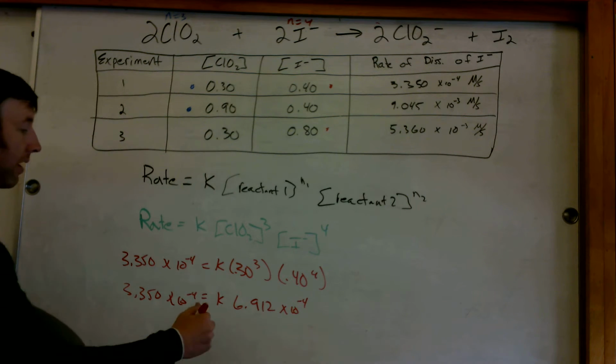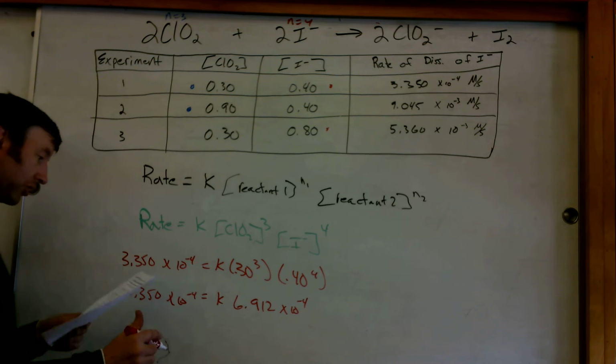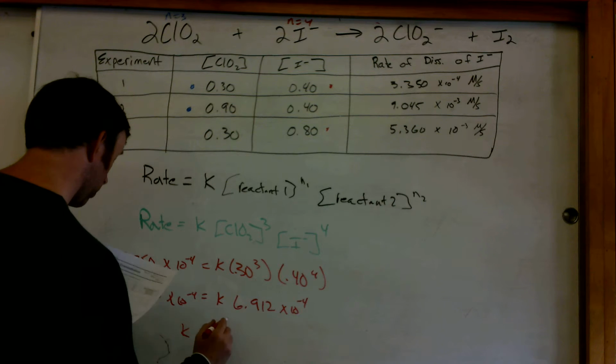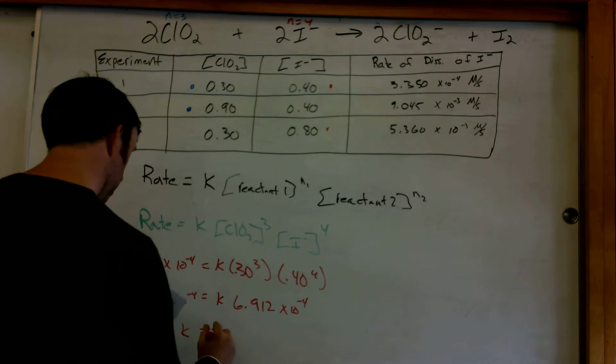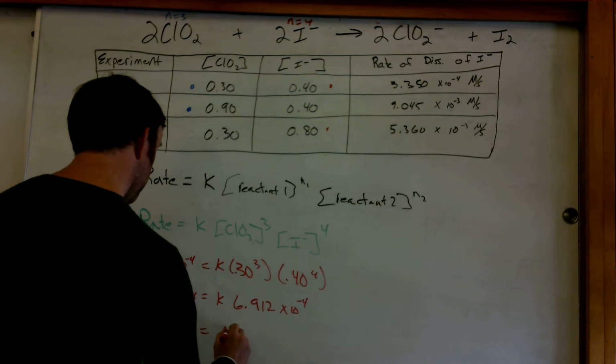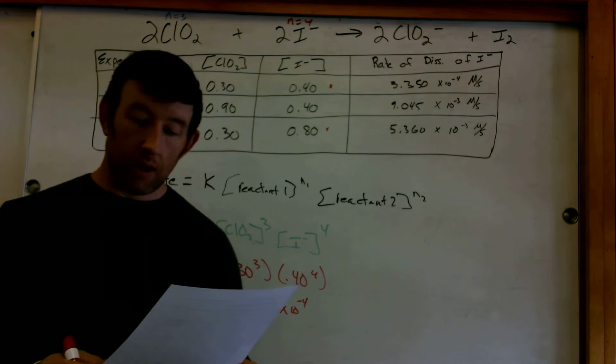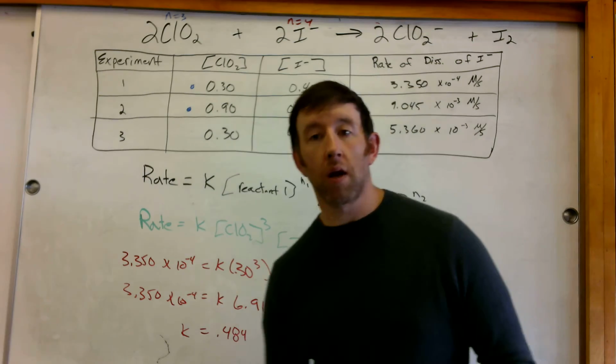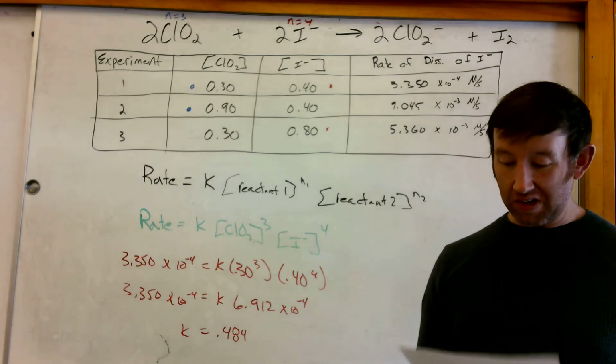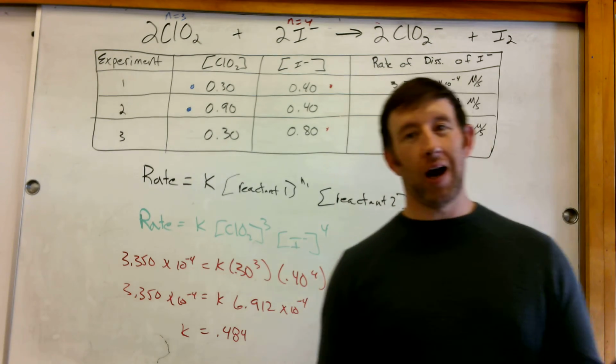Then, of course, divide both sides by that, and I should get k is equal to 0.484.